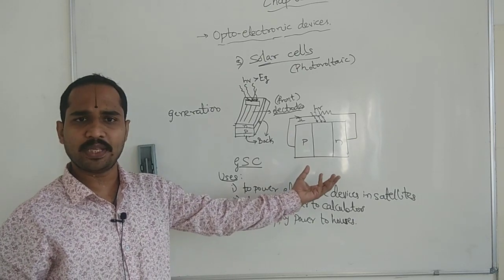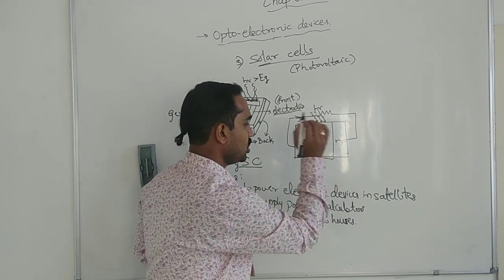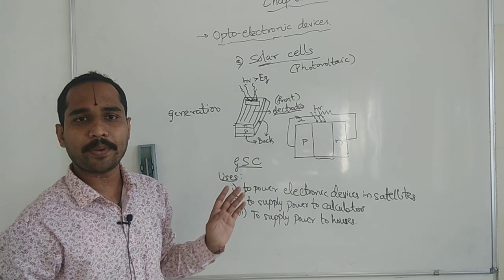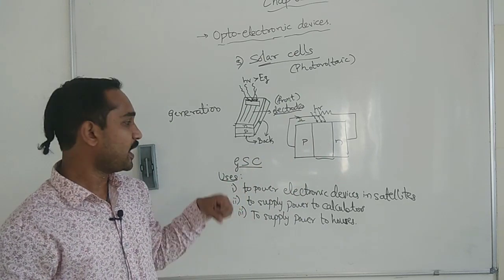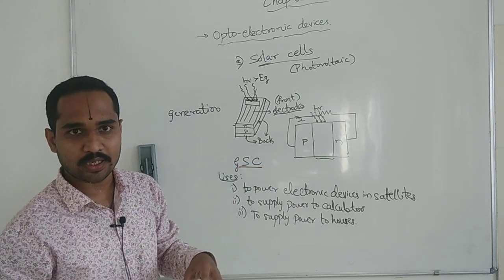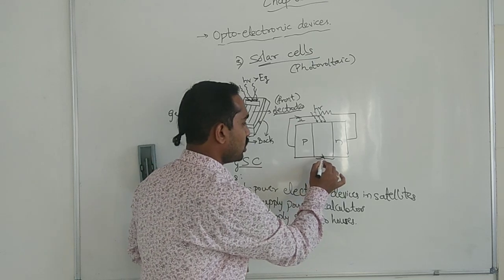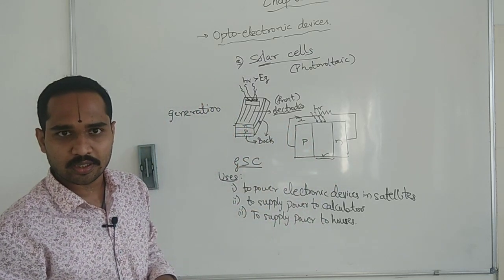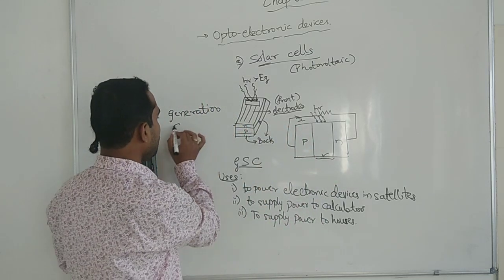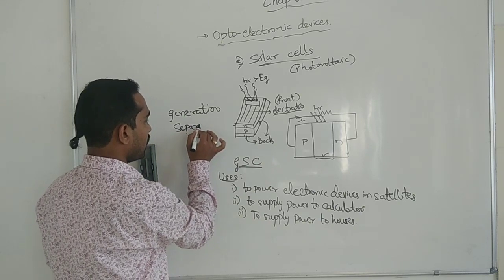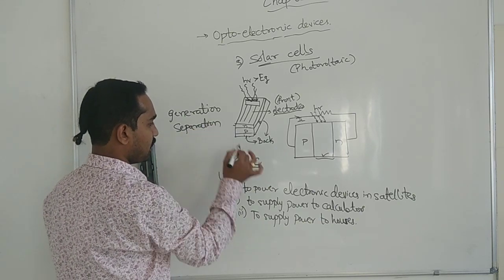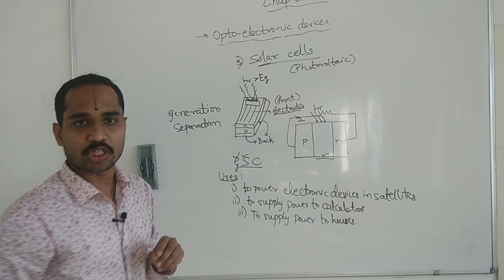This is the depletion region. When the electron hole pair is generated, due to the voltage of the depletion layer, they have to be separated. The second step that is happening is separation.